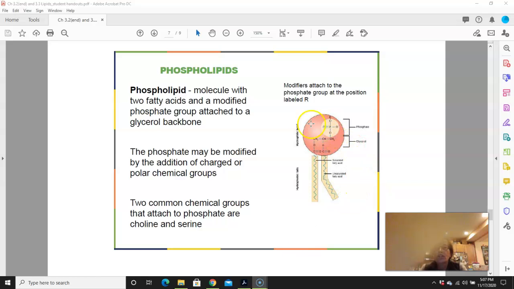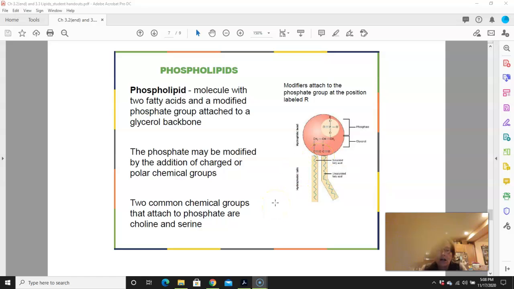So this whole structure here, we say this is the hydrophilic part of the molecule. It's called the hydrophilic head of the phospholipid. It looks like a head here. And this is the hydrophobic tail of the phospholipid.